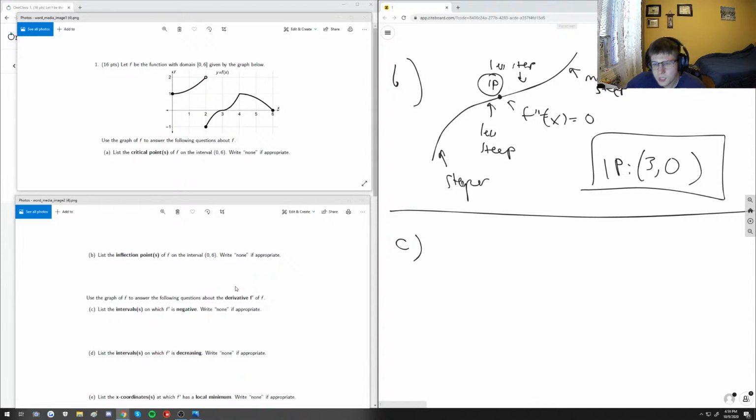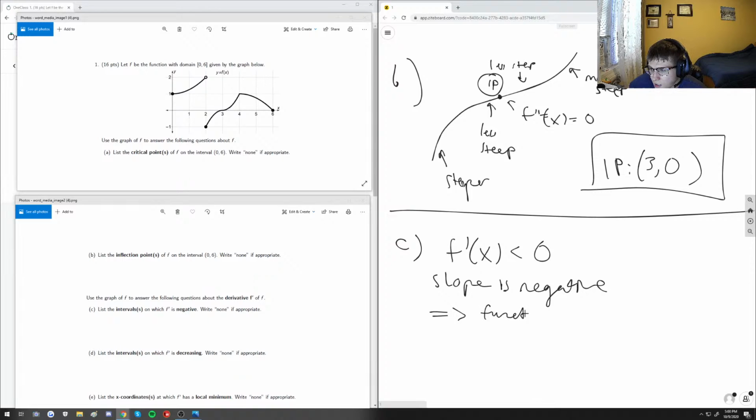Use the graph. Okay. So f prime is negative. So what does f prime of x being less than 0, another way to say it's negative, mean? That means that the slope is negative. So that implies that the function is decreasing. So let's have a look at where the slope is negative, or the function is decreasing.